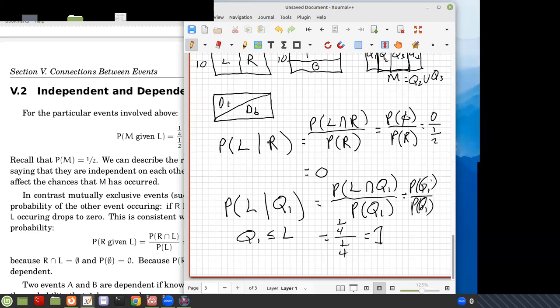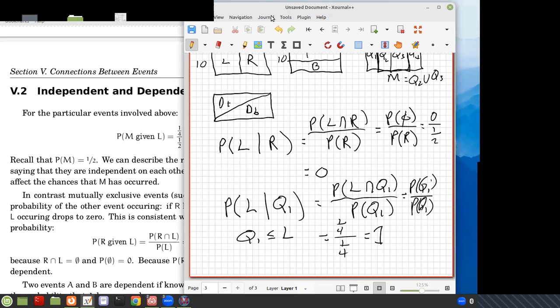So these are two cases, where there's no intersection and where there's a subset intersection, in which the probability that L occurs is strongly affected by which set you know has occurred.